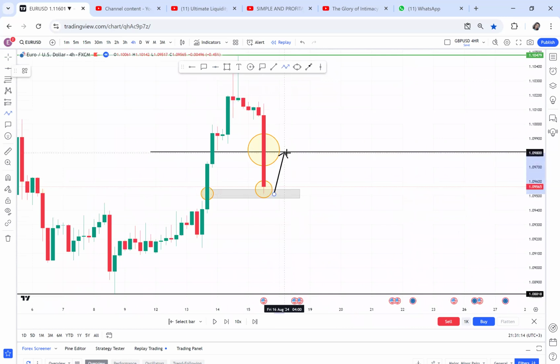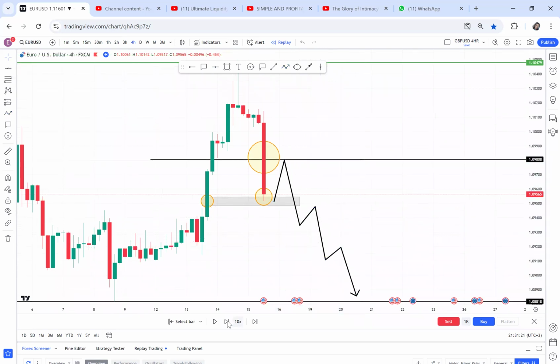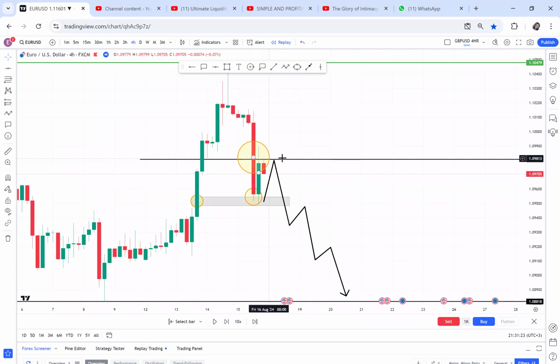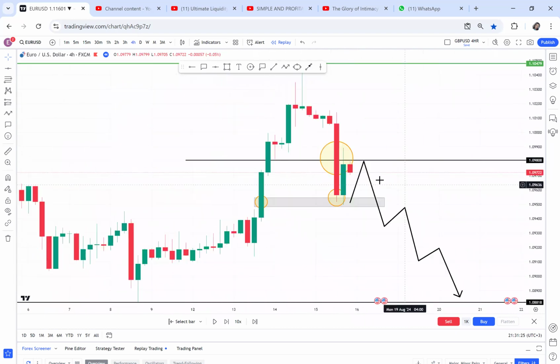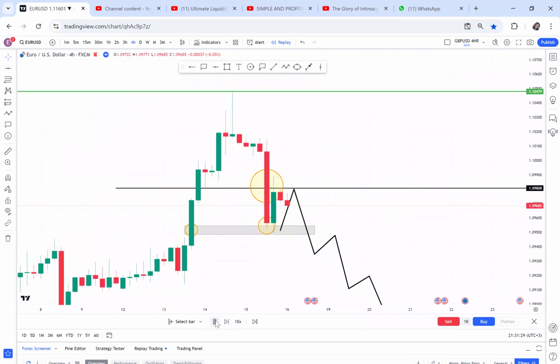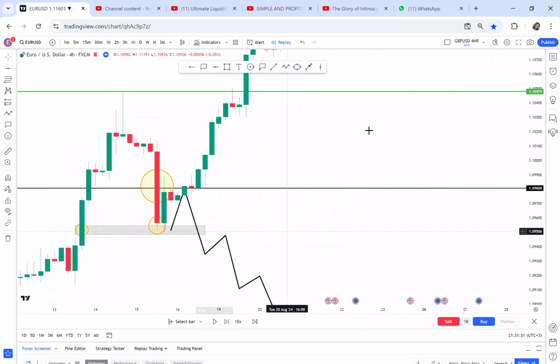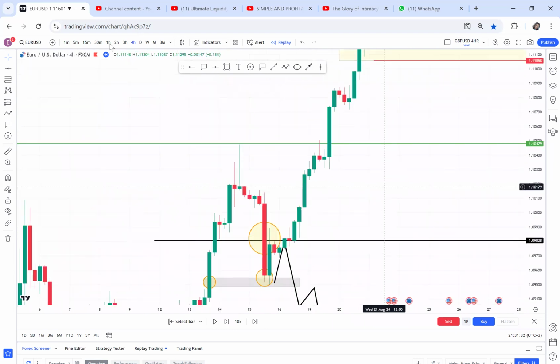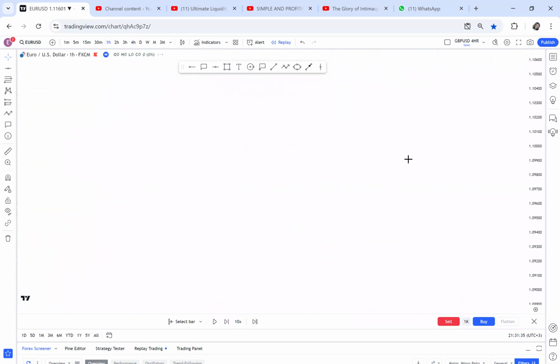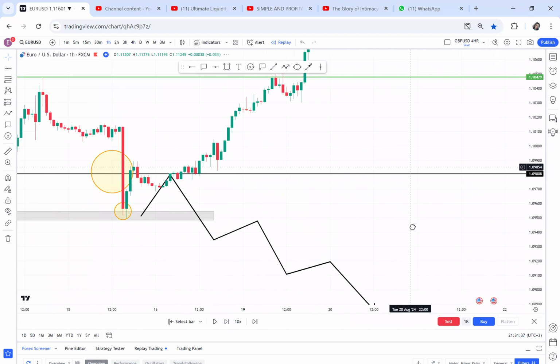Majority have even put orders there. And because the market makers know you want to put your orders there, the orders will be activated. You can see the orders were activated. But after the orders were activated, the market bought. Why did the market buy?